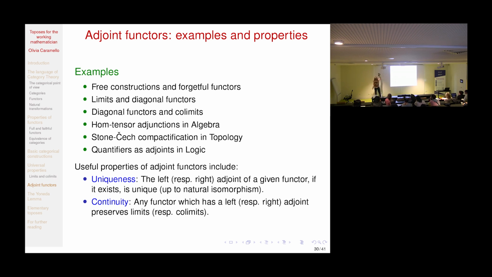Let's see that this is an instance of an adjunction between a functor which is called forgetful, in the sense that it forgets some structure present on objects of a category, and some other functors which will be the left adjoints to such forgetful functors, which correspond to the free constructions on the objects of the less structured category.